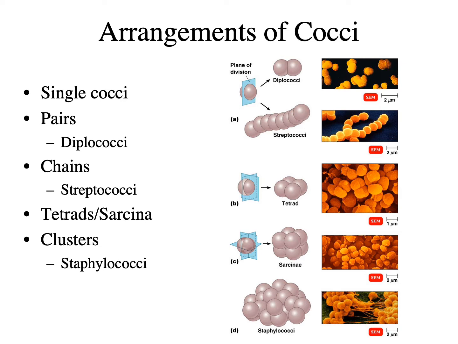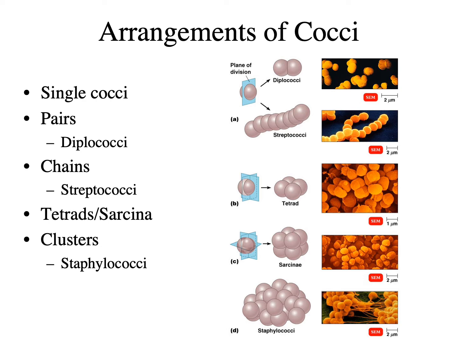Let's look at the arrangements of cocci. You can have a single coccus, just one, or you can have a pair, which is diplococci. You can have chains where they're hooked together like in a pearl necklace or a bead necklace. They're streptococci when they are hooked together in a chain. If 4 are put together, they are a tetrad.